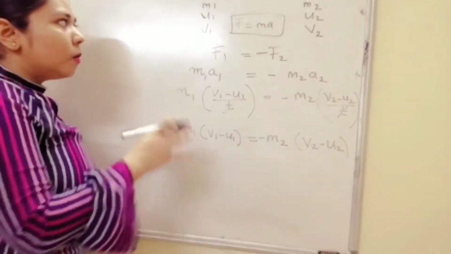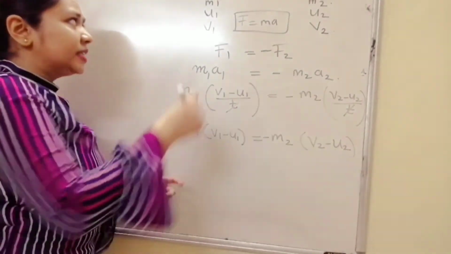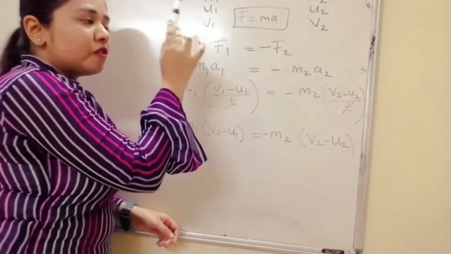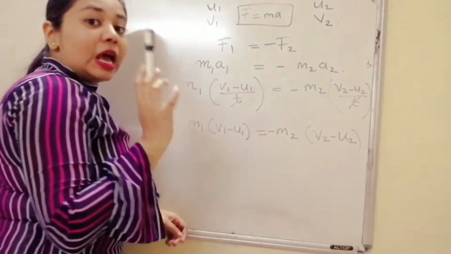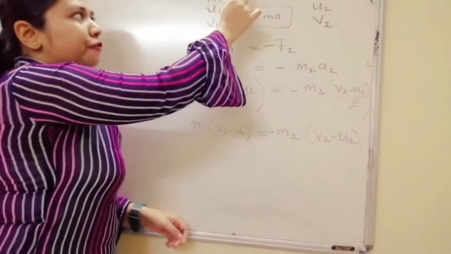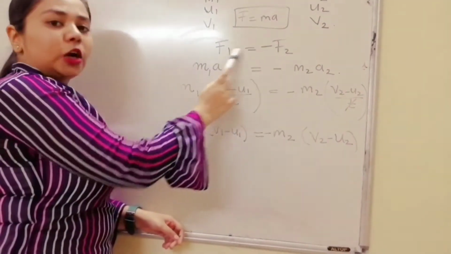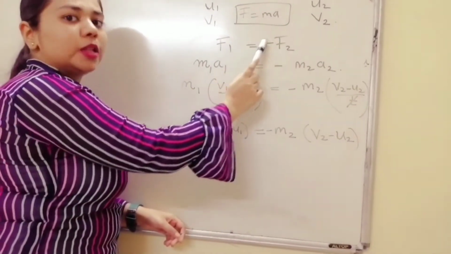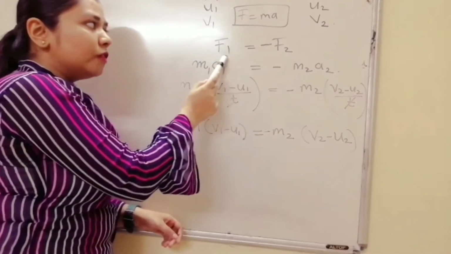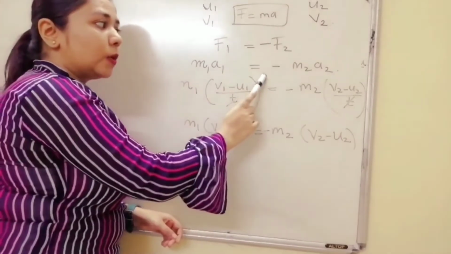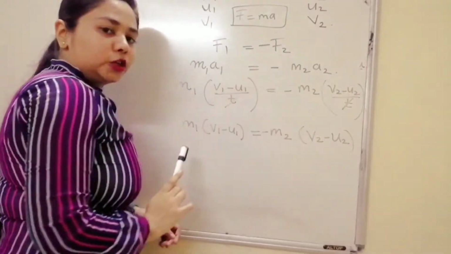Clear? We took two objects having masses m1, m2, initial velocities u1, u2, final velocities v1, v2, and both have forces F1 and F2 on each other in opposite directions. Therefore F1 equals minus F2. With F equals ma, m1 a1 equals minus m2 a2.